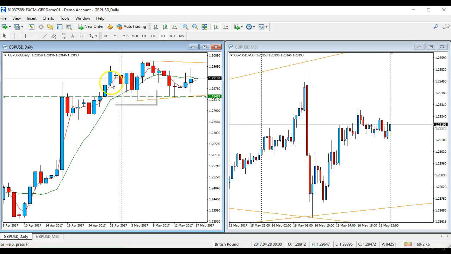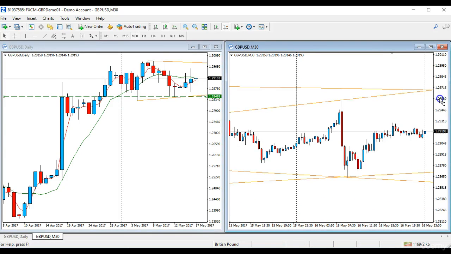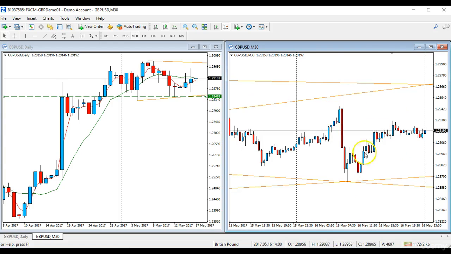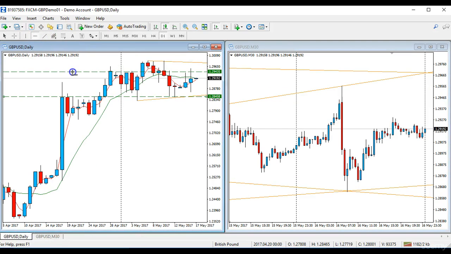We can see that these daily candles for basically the whole of May have just been moving sideways. So when we do our trading on the lower time frames, if we see what's happening here and we start putting in, there is another level there of resistance.